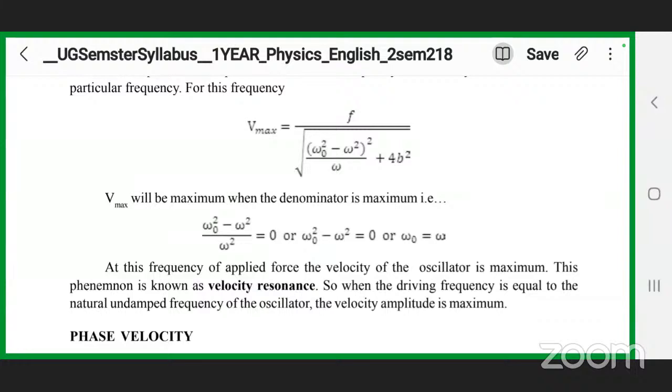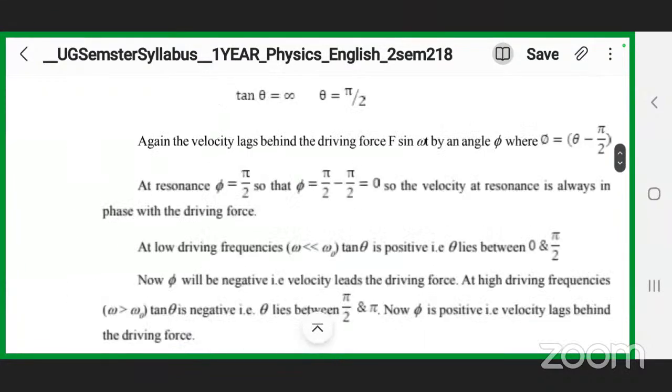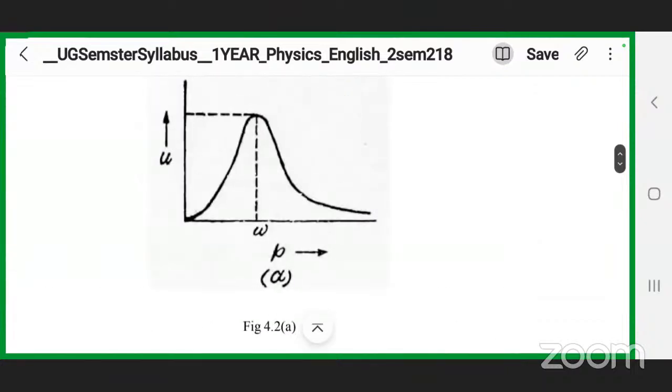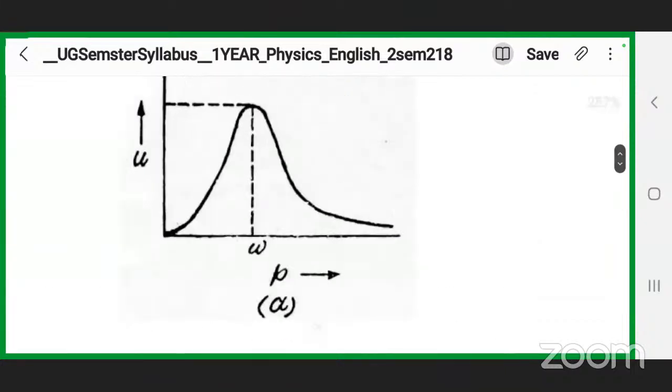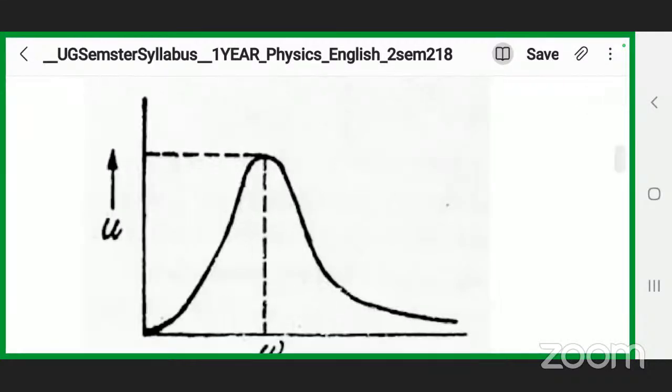The velocity should be maximum, meaning it reaches resonance, the maximum amplitude. At resonance only can you observe the maximum amplitude. That is the condition.